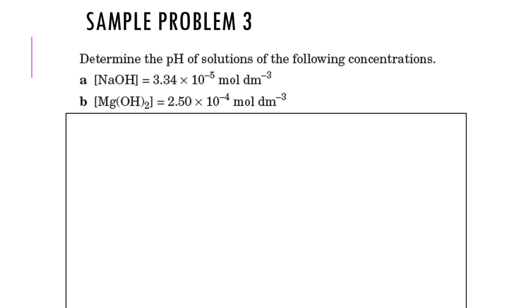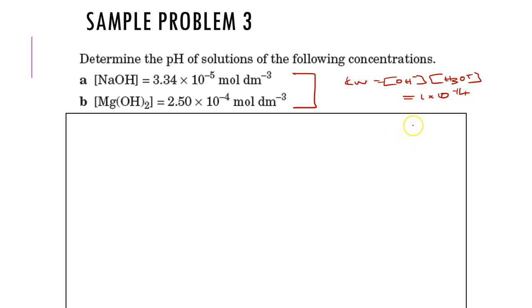Okay, next one that we're going to look at is how they may be presented when we're talking about the pH of solutions, but we only know that we have a base. If our pH calculation only allows us to add in the concentration of H3O+, I need to be able to find my concentration of H3O+ to be able to find my pH. So whenever we are presented with a base, we need to remember that Kw, which is equal to the concentration of OH- multiplied by the concentration of H3O+, is equal to 1 times 10 to the negative 14.